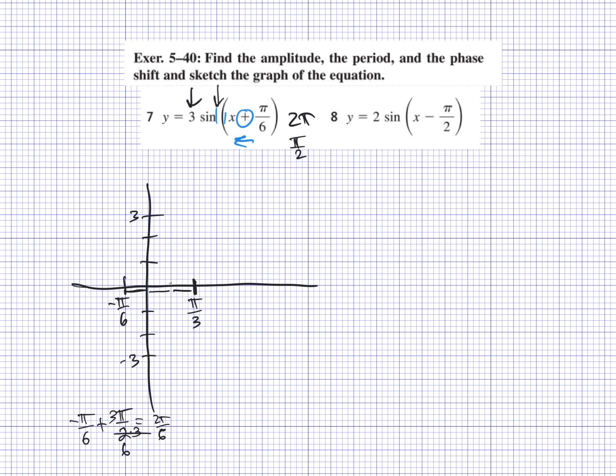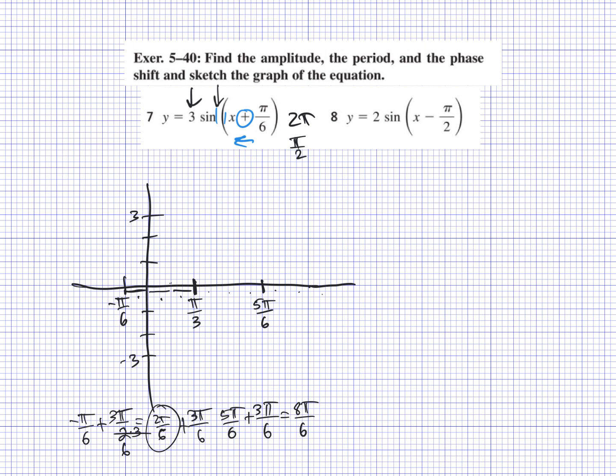Then you have 2 pi over 6, and you add another 3 pi over 6. That's what we're adding to each one. That gives you 5 pi over 6, which is 1, 2, 3 of these increments away. Then you take 5 pi over 6 plus another 3 pi over 6. That gives you 8 pi over 6, which reduces to 4 pi over 3.